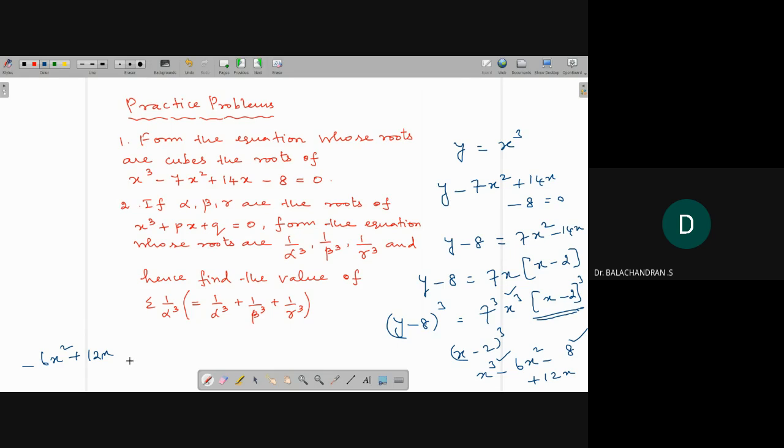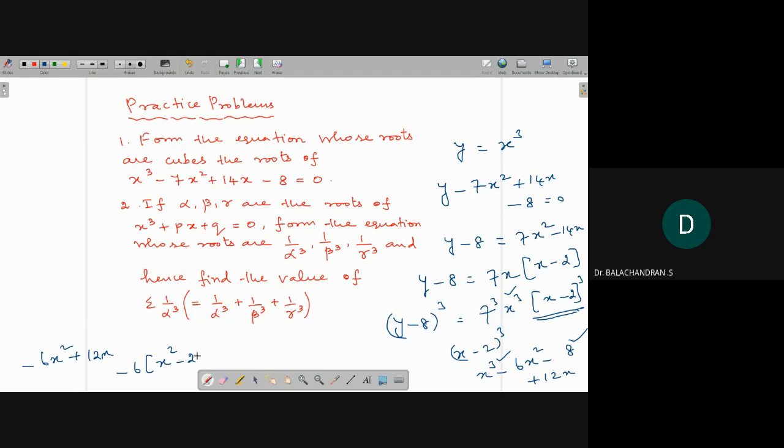So what is common here? Minus 6x is common. So what is remaining? Minus 6 is common, what is remaining? X square minus 2x.